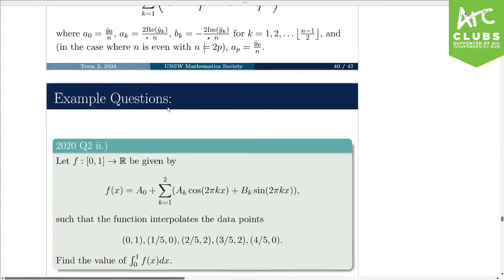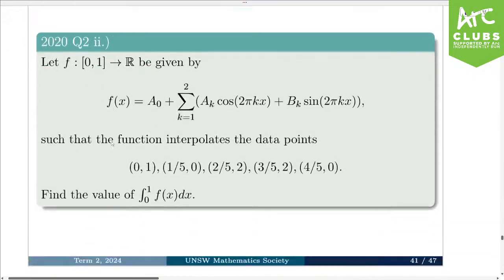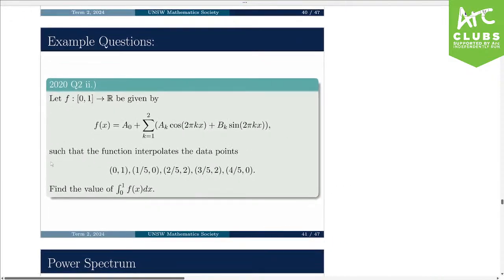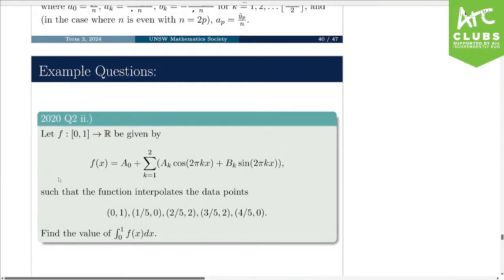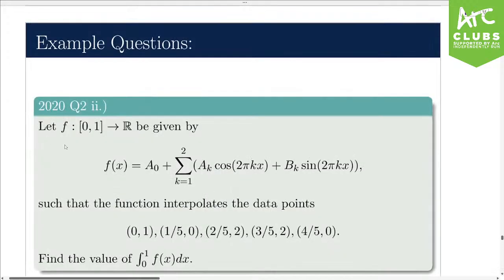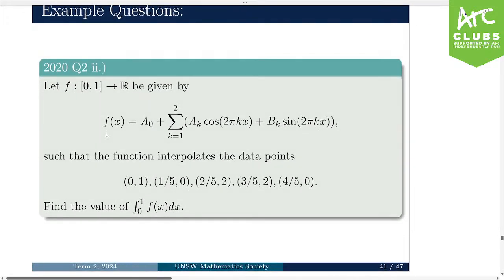So here's an example question from 2020. This is kind of like a trick question. It looks like we have to compute the discrete Fourier transform, and it also kind of looks like numerical integration. But here we are integrating from 0 to 1.